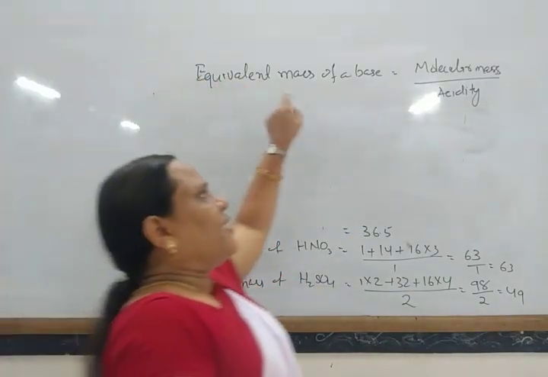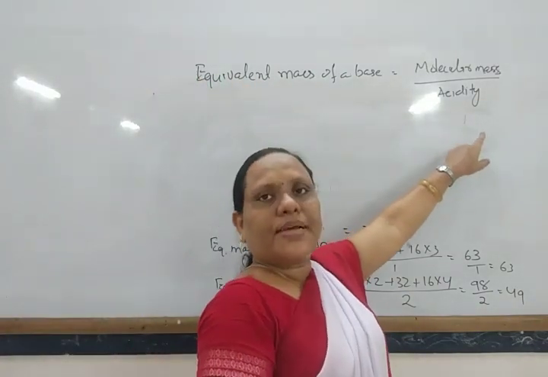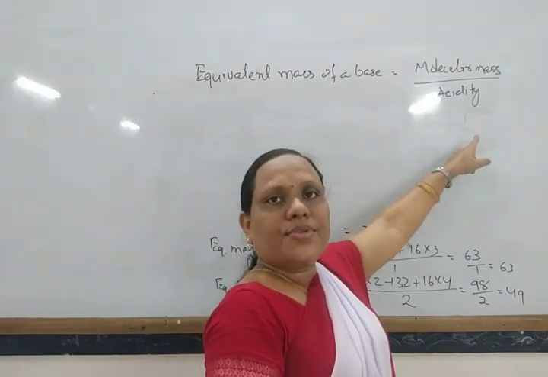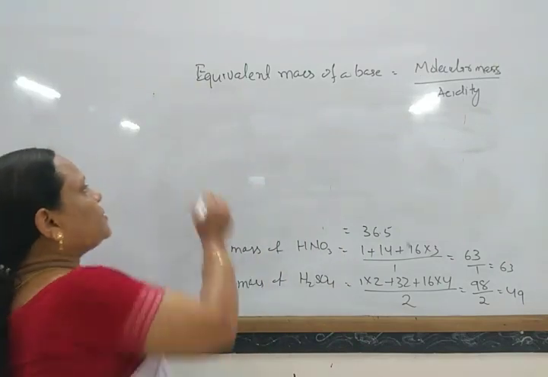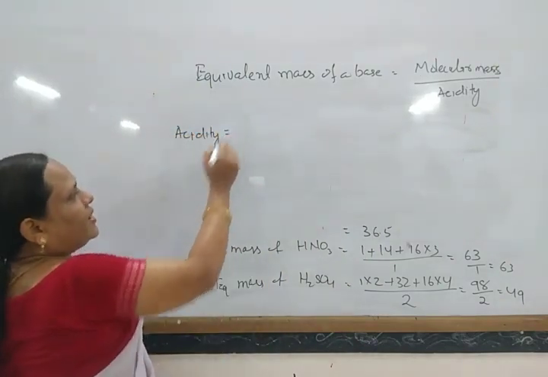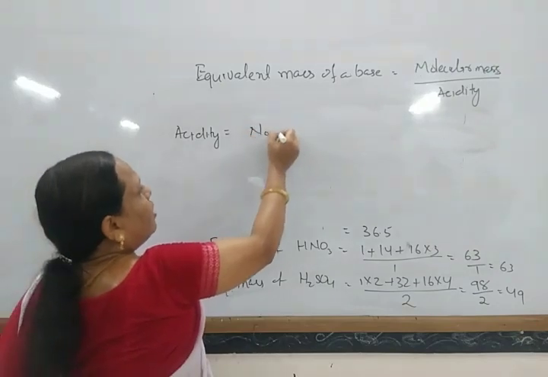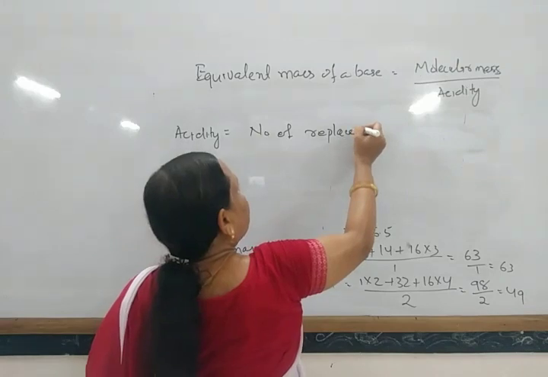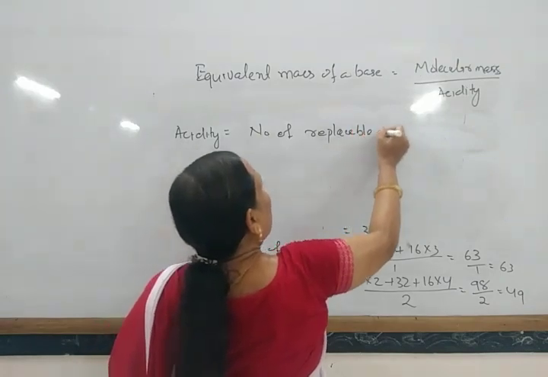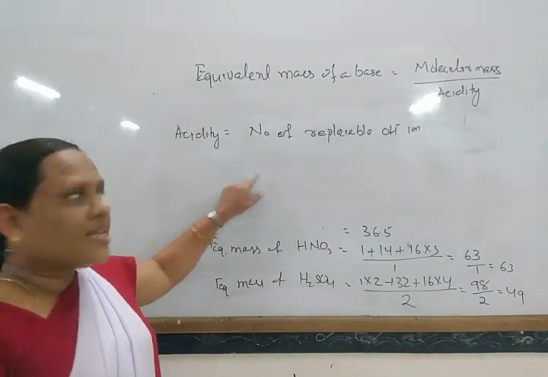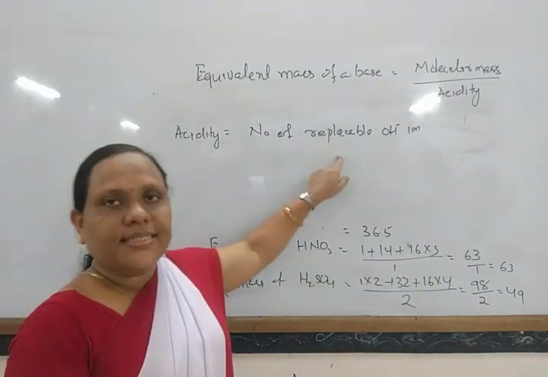Because one base reacts with how many parts of acid, how many parts of H plus ion. That's why this is known as its acidity. So what is acidity? In the simple way we can define acidity: the number of replaceable OH minus ion present in a base, that is known as its acidity.